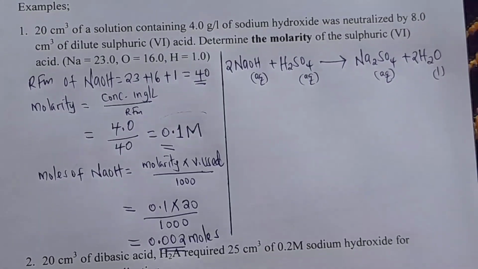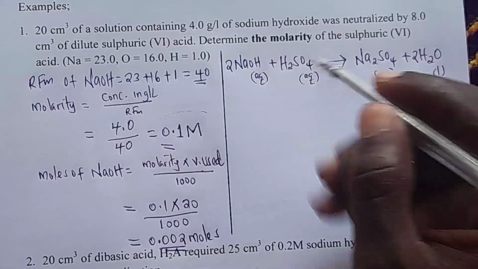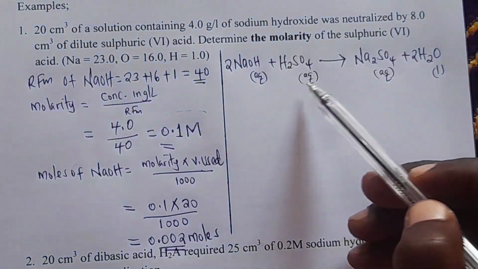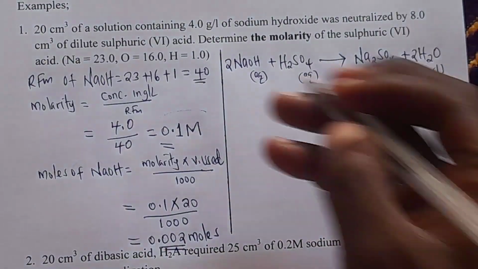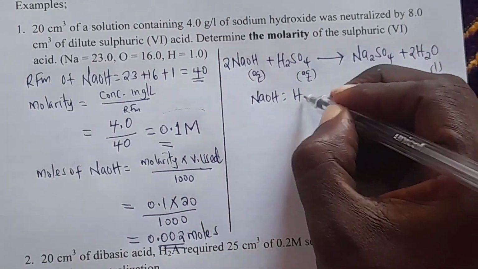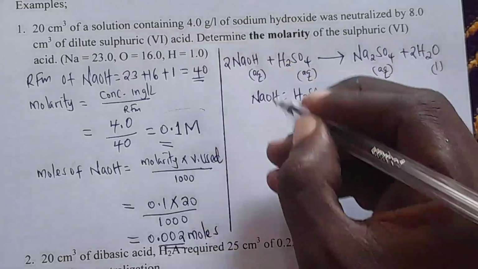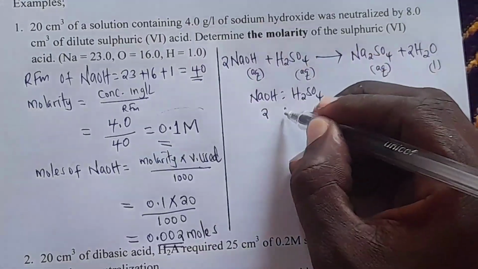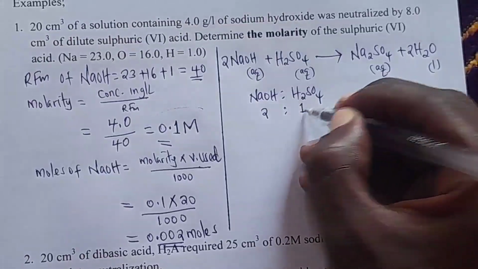Thereafter, let's get the number of moles of the analyte, that's sulfuric acid, using the mole ratio. What is the mole ratio between sodium hydroxide and sulfuric acid? Here we have 2 on the side of sodium hydroxide and 1, hidden, on the side of sulfuric acid.